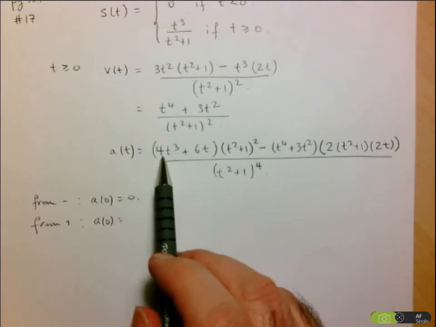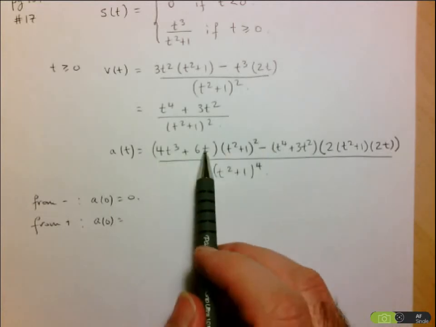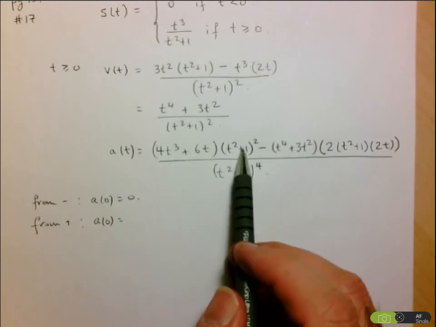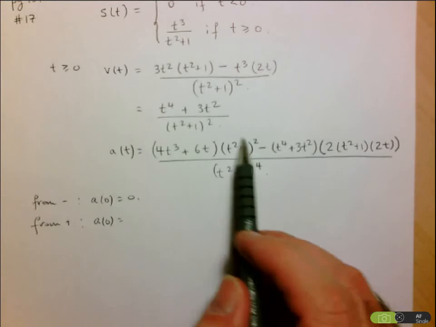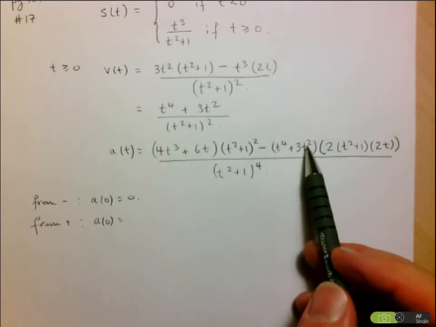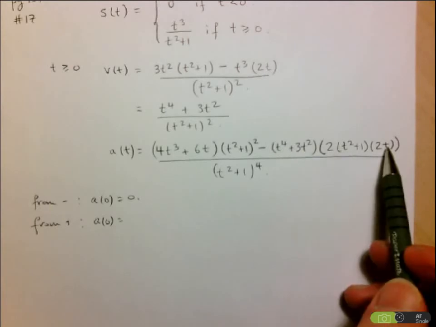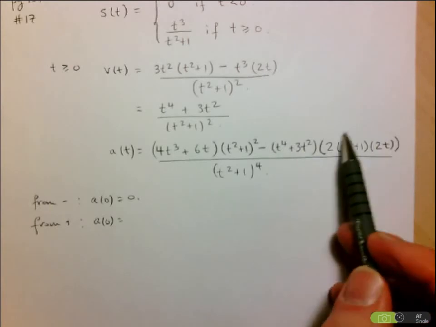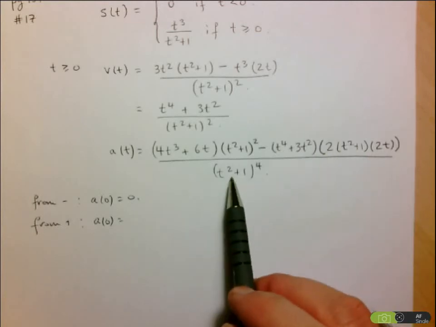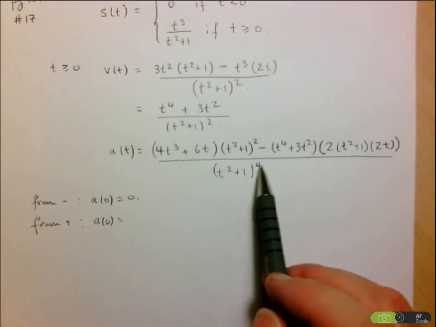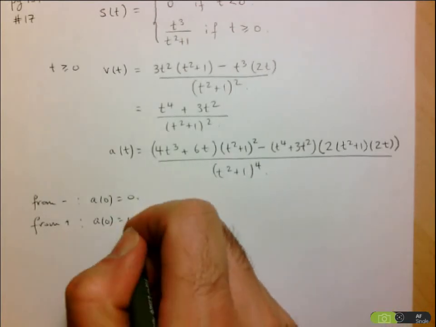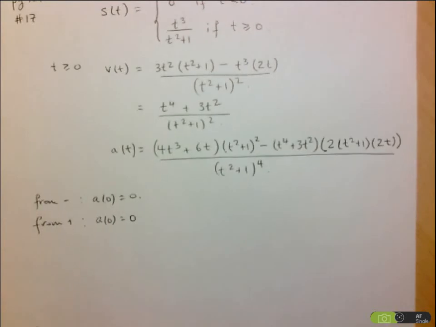Here I see that 0 and 0, so that term is equal to 0. So I'm multiplying by whatever this is, and this whole term is equal to 0. Let's look at the second part. This is 0, this is 0, and I've got a multiple of 0 here, so that means this whole expression is also equal to 0. And the denominator is not equal to 0, because 0 plus 1, to the fourth, is 1, so I've got 0 over 1. That means as I approach from the right, the acceleration is also 0.